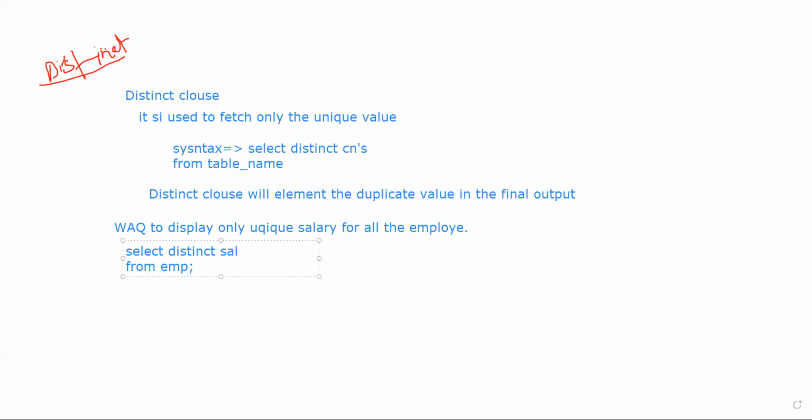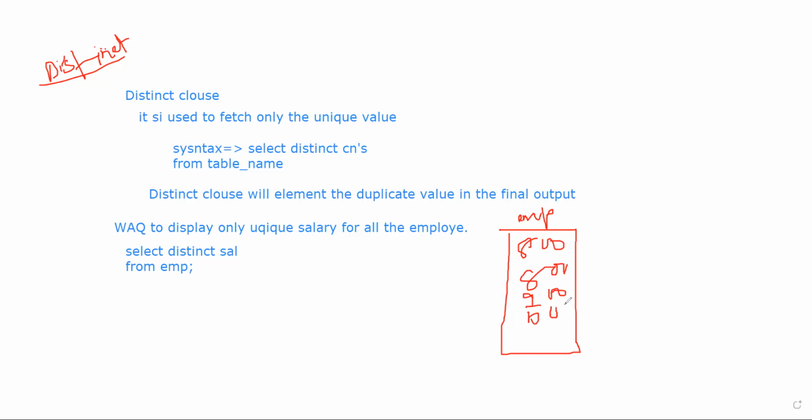Suppose this is the employee table, right? EMP table. There is salary. Suppose 800, 900, 500, and 500.